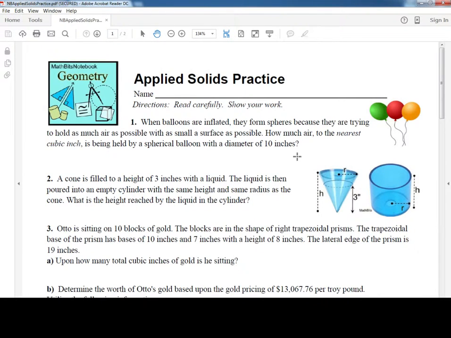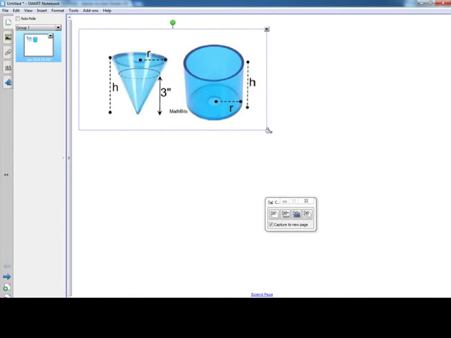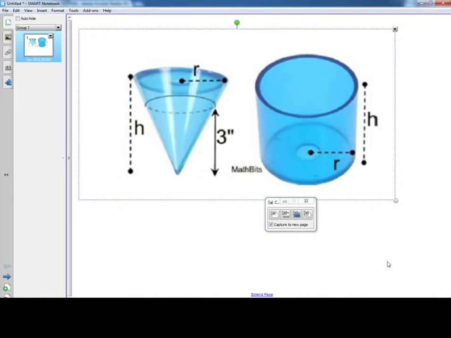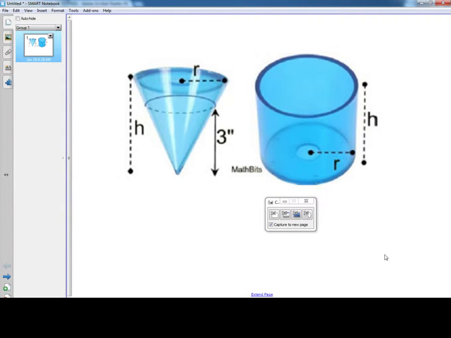This really isn't that difficult if you understand where your formulas are coming from. So, here's the idea. Do you guys remember that this is some proportion of the cylinder, isn't it? How much of it is it? It's 1/3, right? So if we took these 3 inches and transposed them over there, then we would have this much, correct?